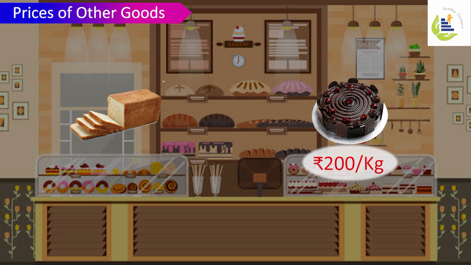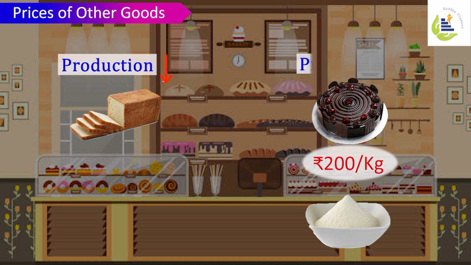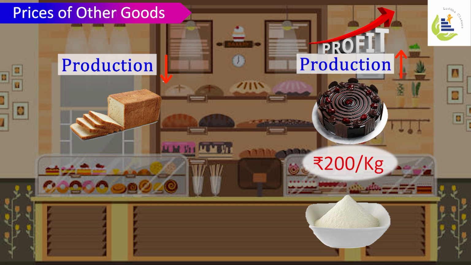So with my limited resources, what I'll do is use that dough, that raw material, to make less bread, and I'll increase the production of cake, which in turn will enhance my profit, but it will affect the production and in turn the supply of bread.